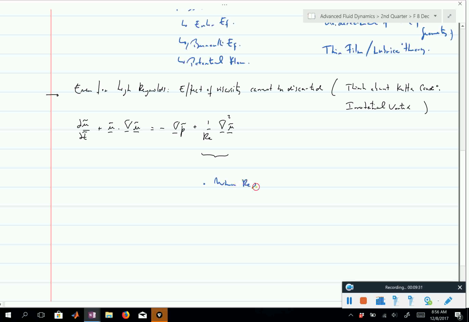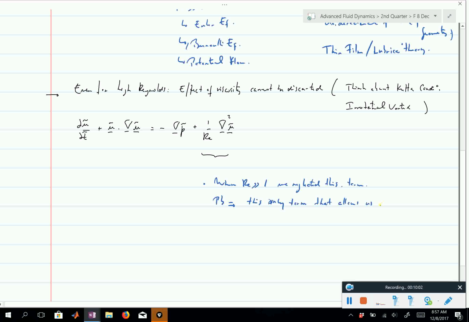So when the Reynolds number is large, we neglected this term. The viscous term, as of now, we've never really discussed, but the problem is that this is the only term that allows us to impose a no-slip boundary condition.